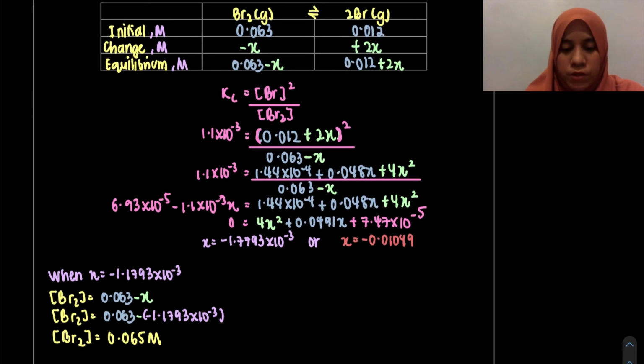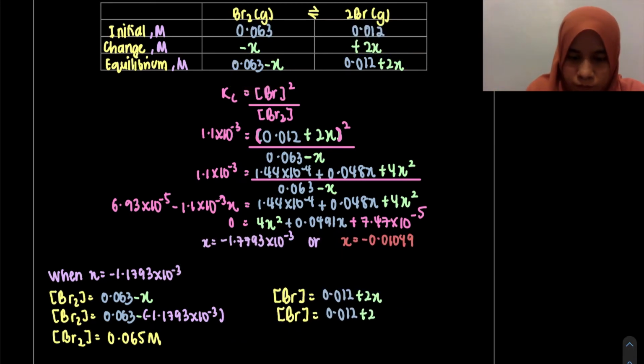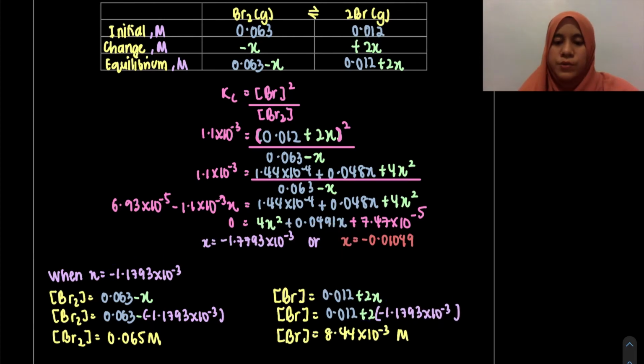We know the concentration of Br2, and don't forget to substitute for Br as well. Now we have substituted when x is equal to this value. Next, we need to substitute if x is equal to this other value.